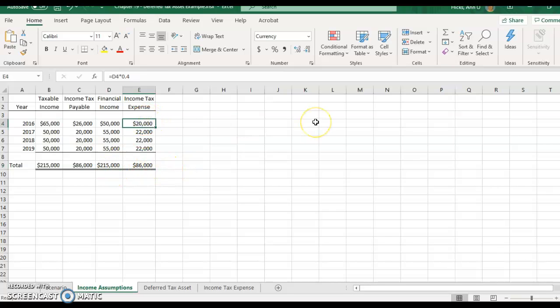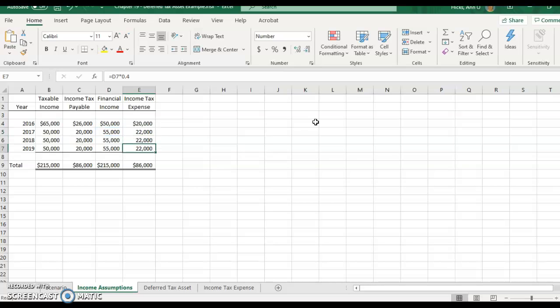Now, if you look at the income tax expense column, then similarly to the income tax payable column, your expense number is 40%, the tax rate of the financial income for that year. So in 2016, it's $20,000 based on the 50, and then in the subsequent years, it's $22,000 based on the $55,000 in income.